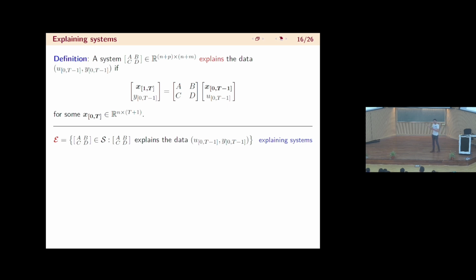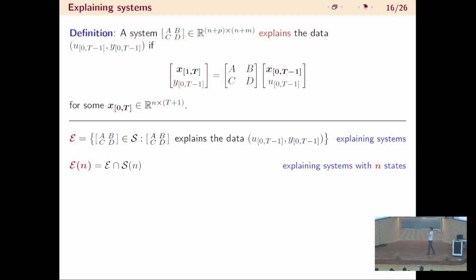And in general, that set consists of state space systems of various different state space dimensions. But I also denote the set En of all explaining systems with precisely n states.